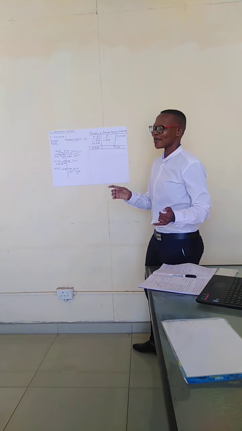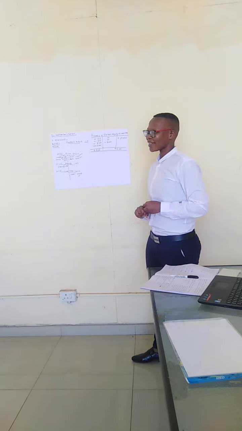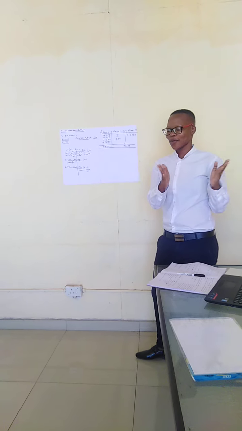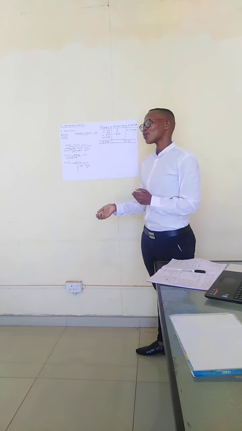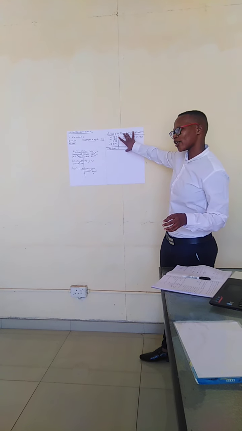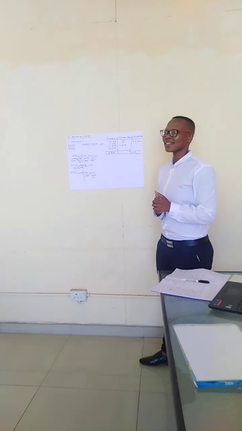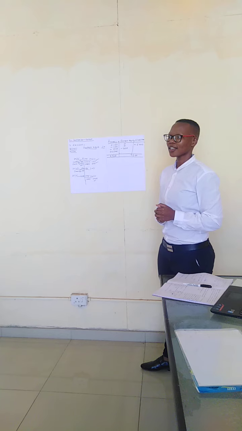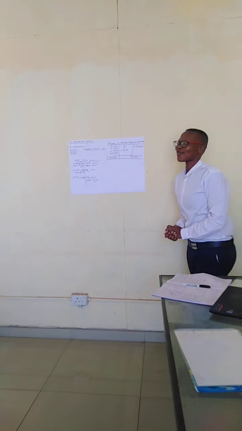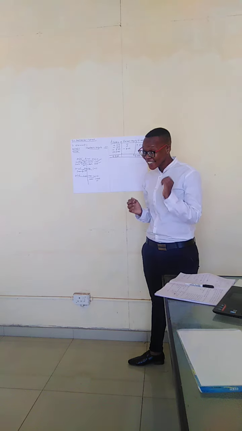We said we have assets, equity, and liabilities. Okay. And those three are the elements of the accounting equation. We said assets must always equal equity plus liabilities. Okay. But then before we got here, we said that my assets are going to increase on which side? On the debit side. On the debit side, yes. And we have equity, and our equity is going to decrease on which side?